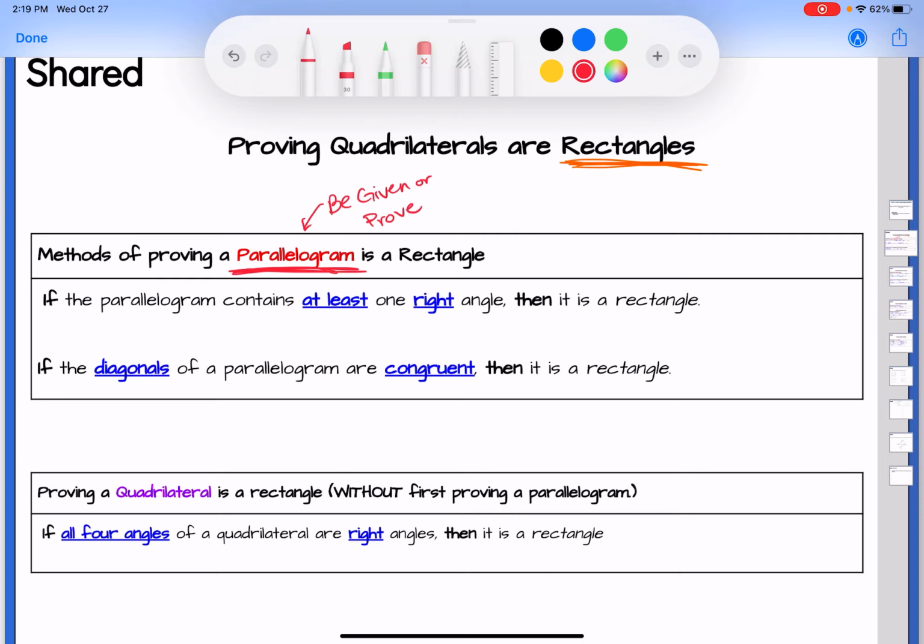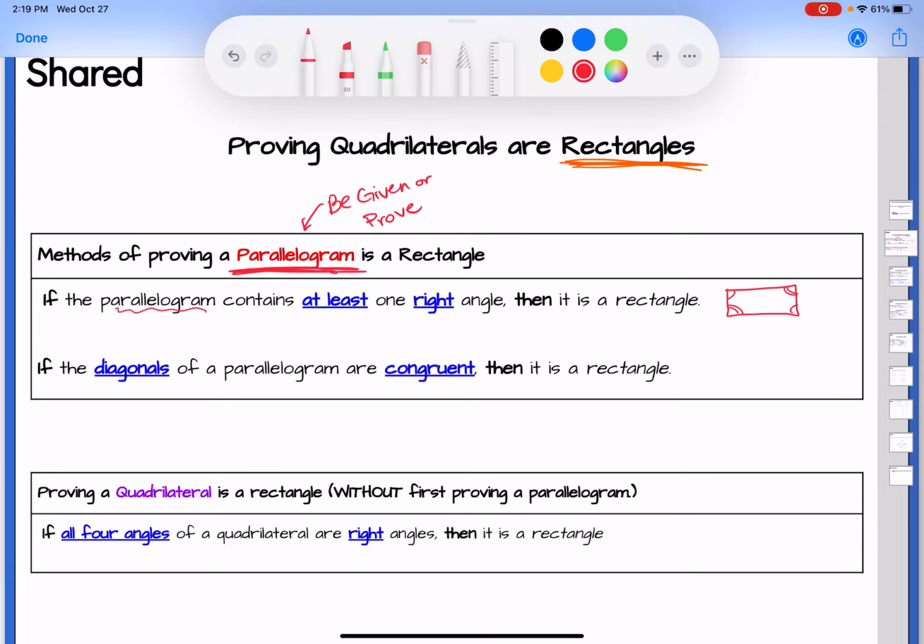And then once I know it's a parallelogram, how would I know if I have a rectangle? If I have a parallelogram and it contains at least one right angle. Now, why is only one all that we need? Well, let's think about it. If I know that I have a parallelogram, then I know that the opposite angles are congruent and that consecutive angles are supplementary.